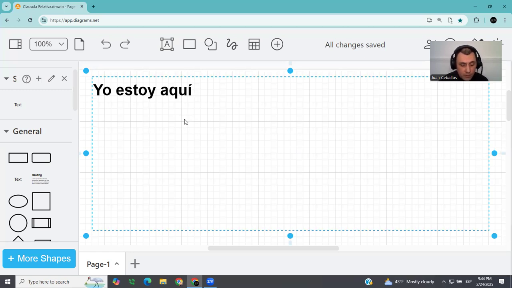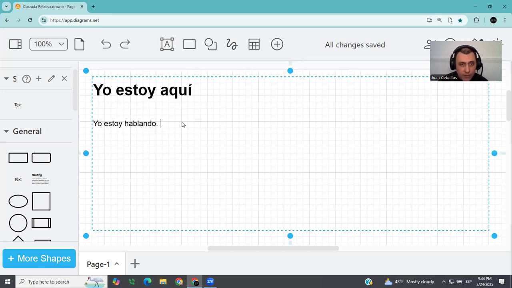Versus yo estoy hablando. Okay, yo estoy hablando. So this one is simple present in Spanish, and this is progressive tense in Spanish.